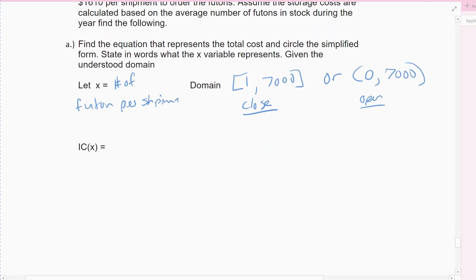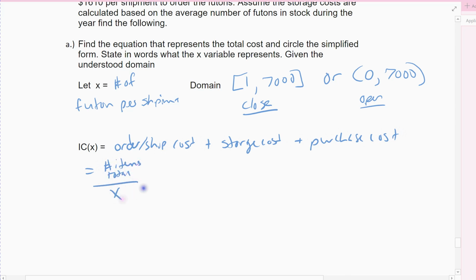Remember, there are three costs. There's the ordering or shipping cost, there's the storage cost, and there's the purchasing cost. The ordering cost is always the total number of items divided by X, times the cost for a shipment.